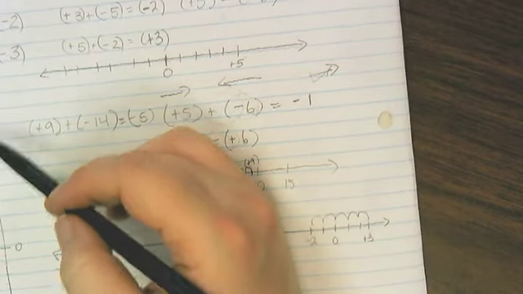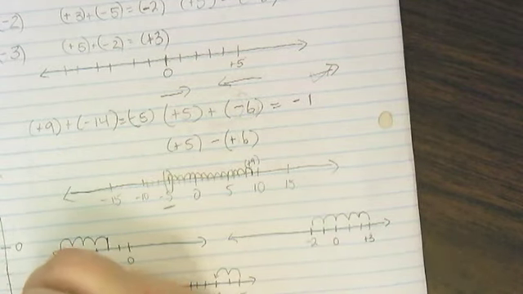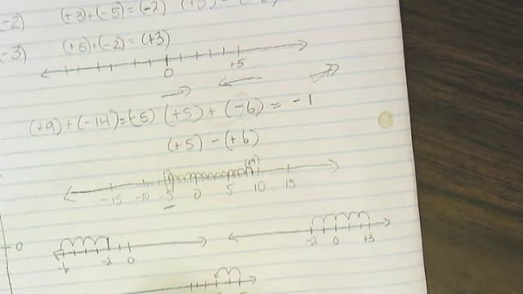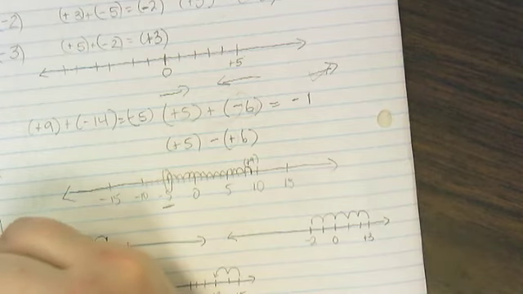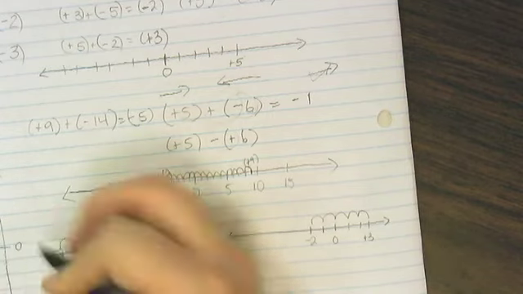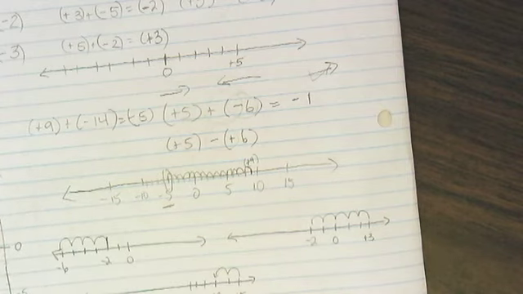If you're using a vertical one, you go down for negative numbers. So -9 is down here. +4, you're going to go up 4. 1, 2, 3, 4, which equals -5. Right?